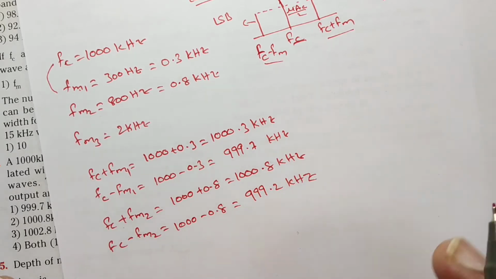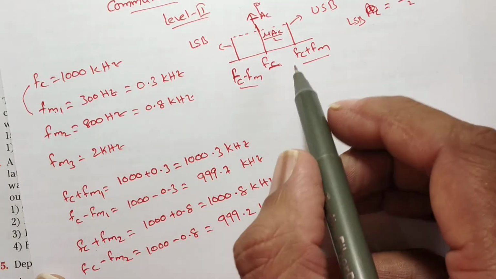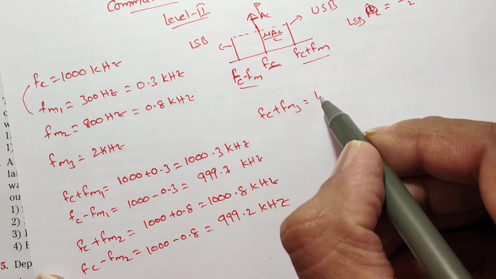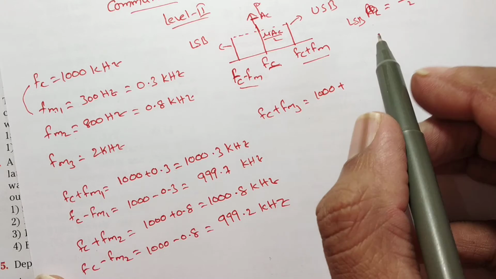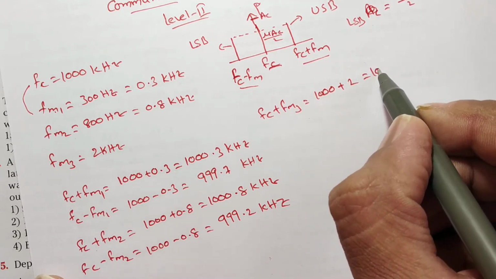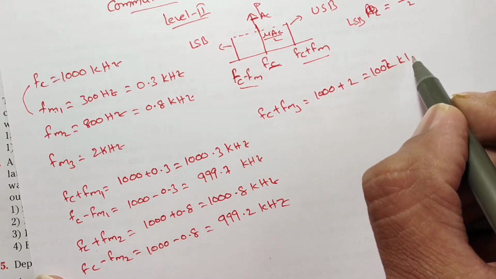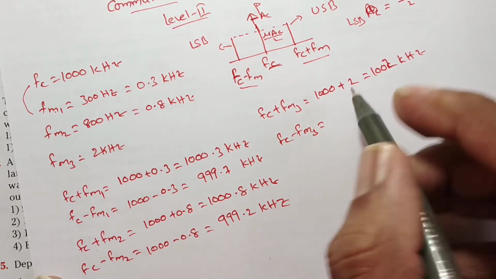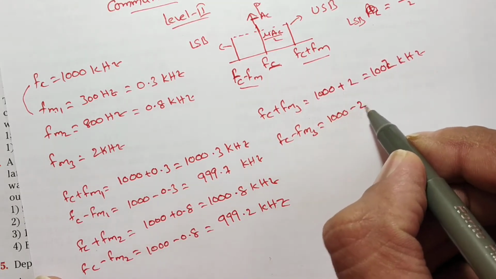The third one is fc plus fm3, 1000 plus 2, that means 1002 kilohertz, and fc minus fm3, 1000 minus 2, that means 998 kilohertz.